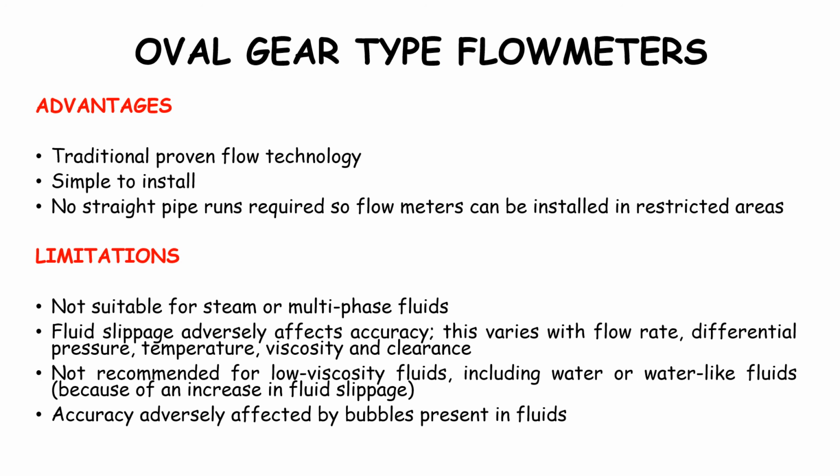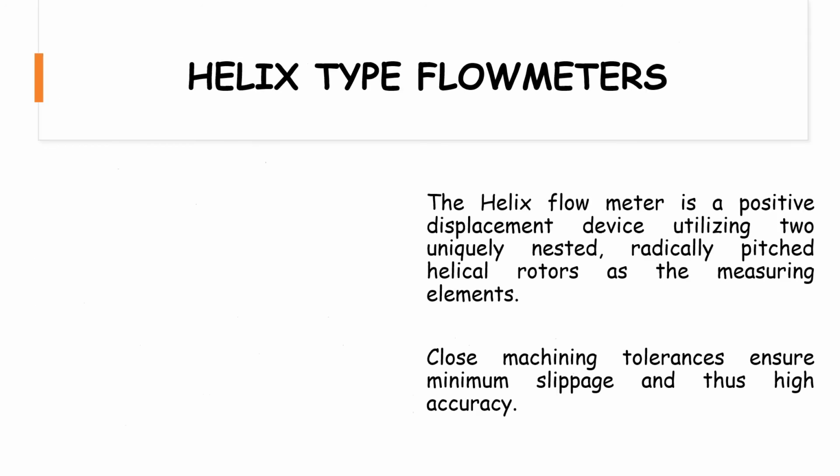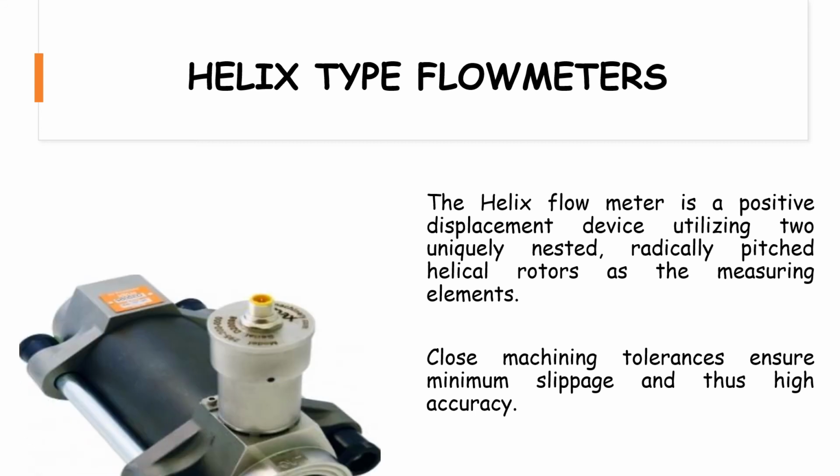Fluid slippage adversely affects the accuracy, and this varies with flow rate, differential pressure, temperature, viscosity and clearance. It is not recommended for low viscosity fluids including water or water-like fluids, and the accuracy is adversely affected by bubbles present inside the fluids. And the last type of flow meter is the helix type flow meters.